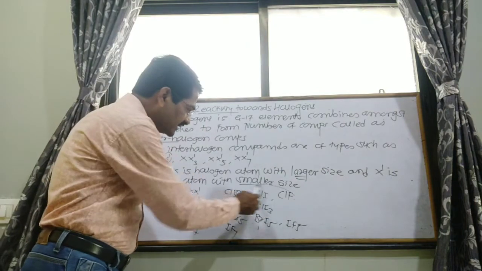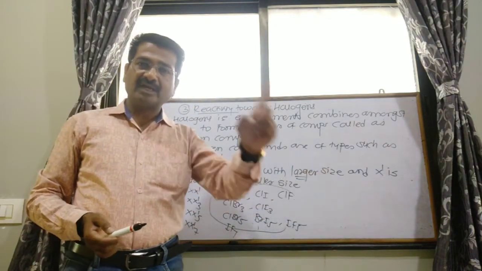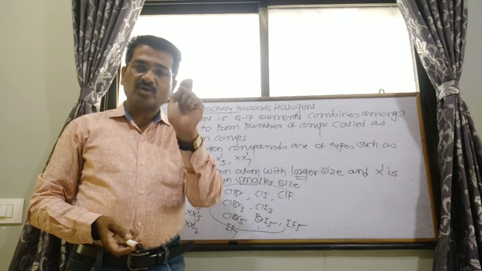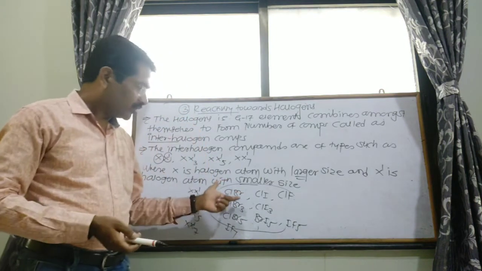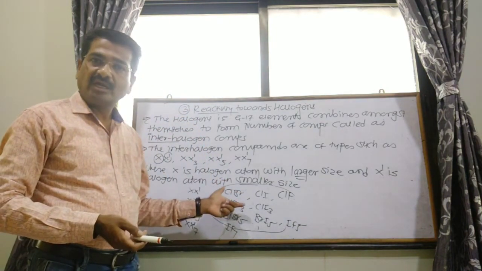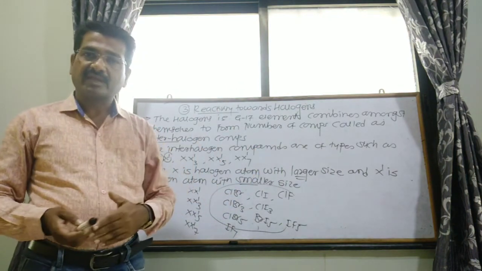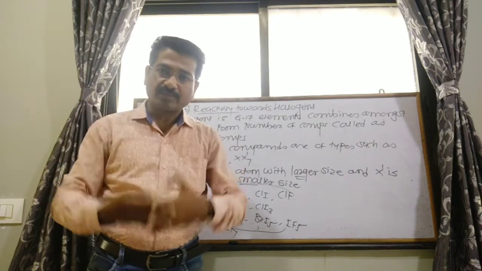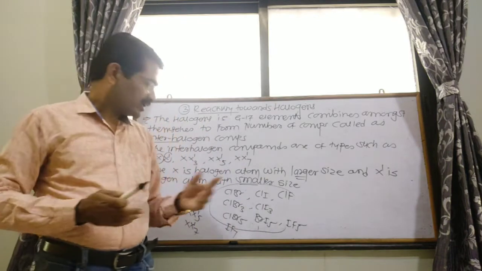Likewise, we can take a number of examples of interhalogen compounds depending upon their variable oxidation state, where the variable oxidation concept is a must. Without that, we cannot form the interhalogen compounds. So a number of interhalogen compounds can be formed by combinations of two or more different halogen atoms.